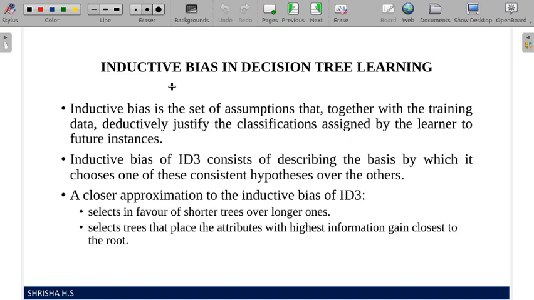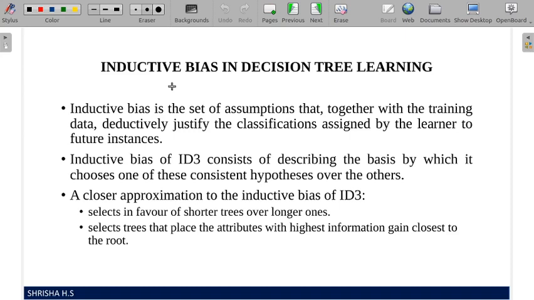See the second point in the last one: ID3 algorithm selects trees that place the attributes with highest information gain closest to the root. These are the two bases on which a particular hypothesis is taken from a set of hypotheses. First, ID3 selects in a hypothesis space shorter trees over longer trees.